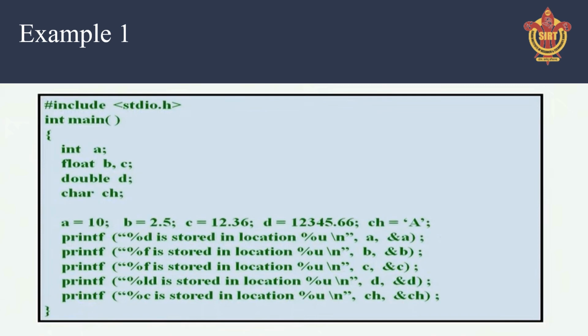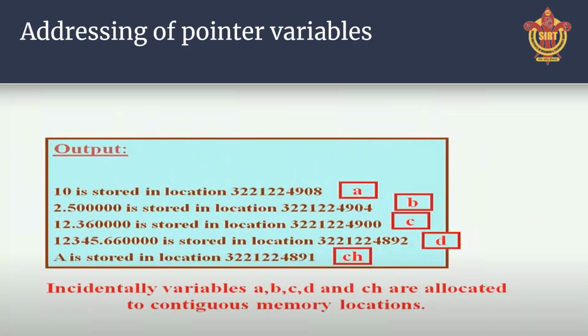To display the address of any memory location, I will use the format specifier %u. So this first printf statement will print the value of a, then the address of variable a. Similarly, in the second statement for variable b, we will print the value and then its address. So what this program is doing, the printf statements here, are printing the variable's value and its memory location. Okay, so let's see what is the output.